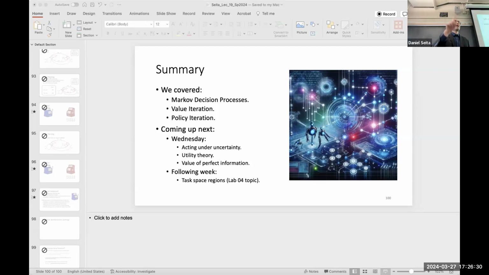So the maximum expected utility would be something like K over 2. So what is the VPI of the oil location?